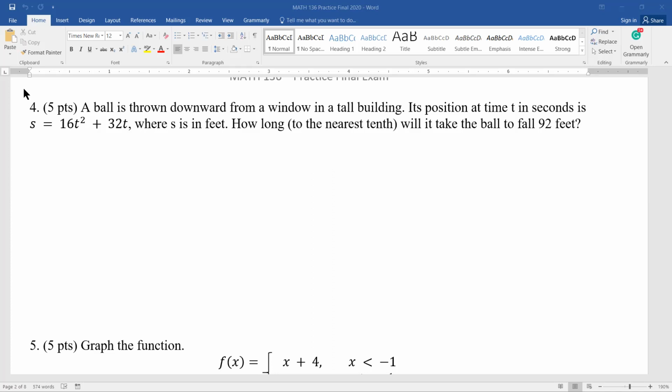Underneath that square root, I need b squared minus 4 times a, which is 4, times c, which is -23, all divided by 2 times a. And then I'm going to work to simplify. I'm going to type this highlighted portion into my calculator, making sure to use my parentheses.